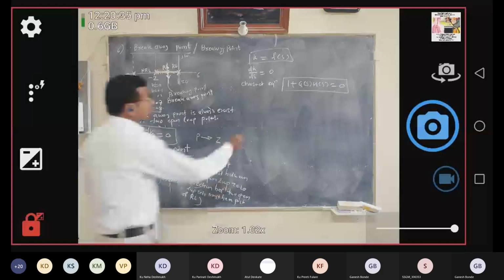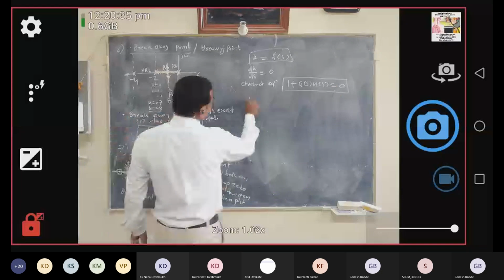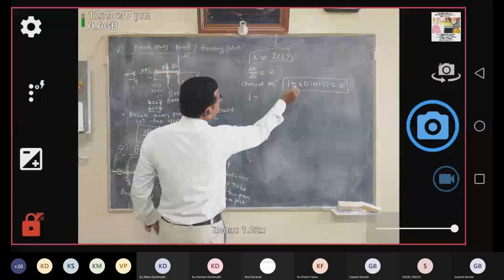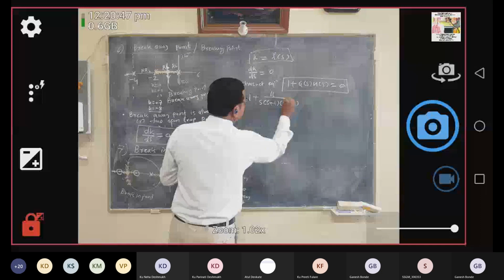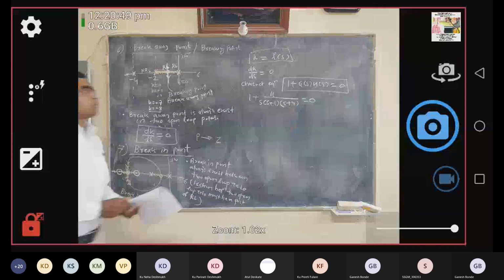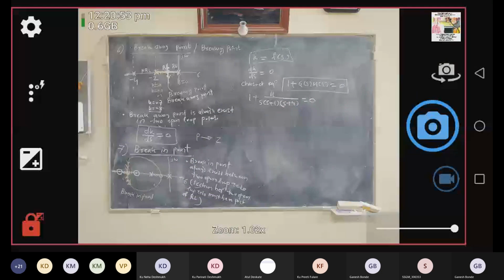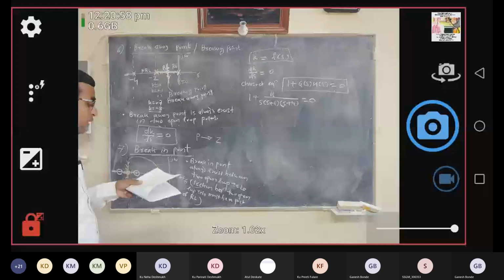Let's say G of s into H of s is given as k upon s into (s plus 1) into (s plus 4) equal to 0. This is the characteristic equation given to you, and you have to find the break in point or breakaway point for it. So express it in terms of k.